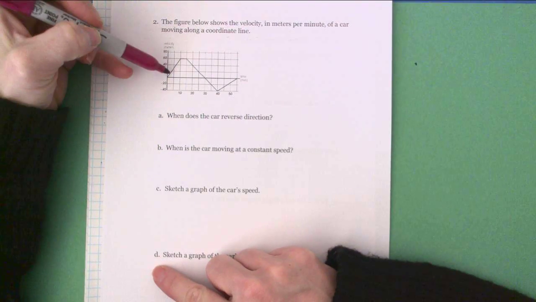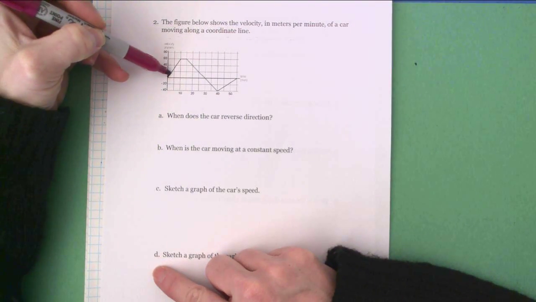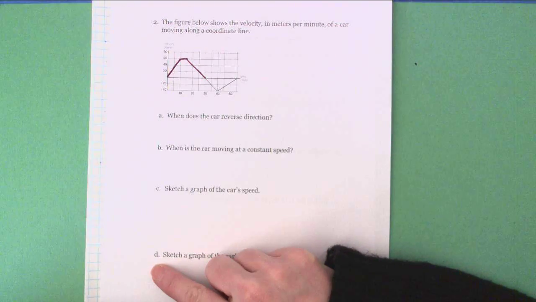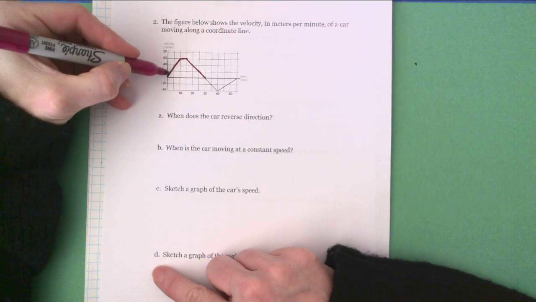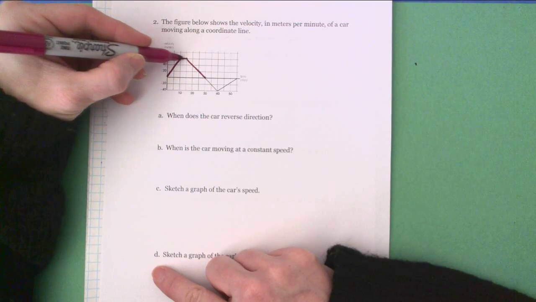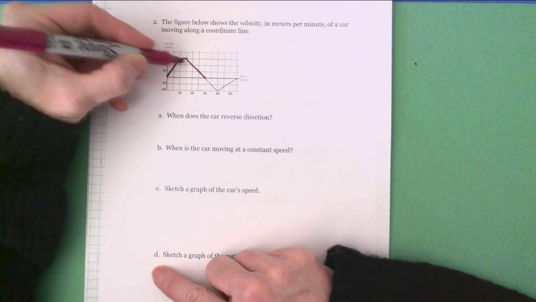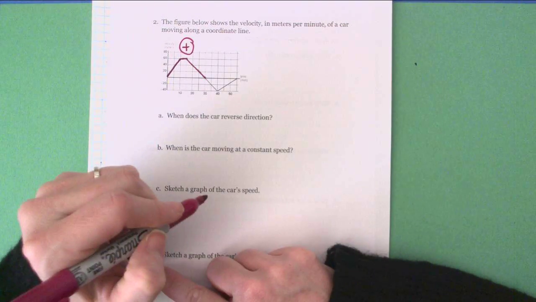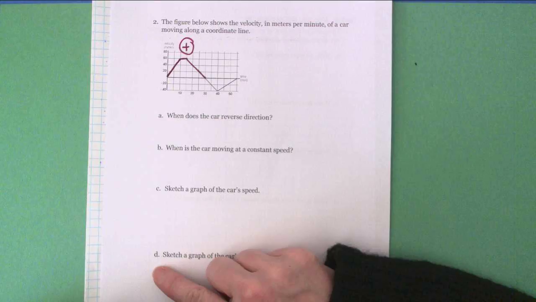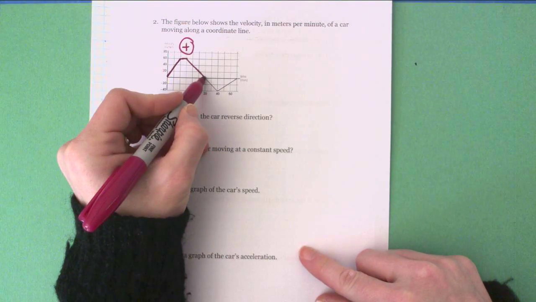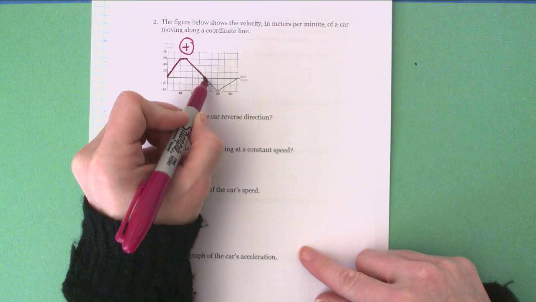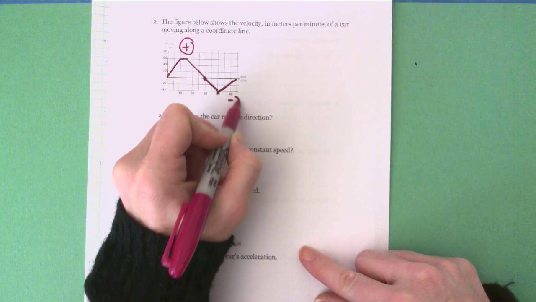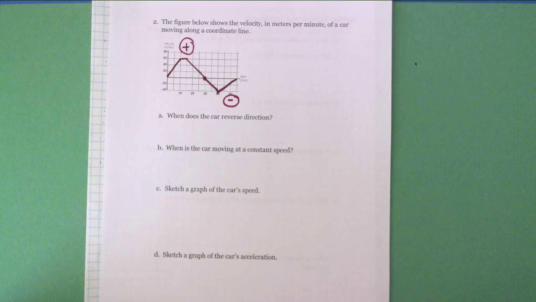If my velocities are positive, which all of these are, now granted they change, they increase, they stay the same, and then they decrease, but all of these velocities are positive velocities. That's going to indicate rightward movement. Then when I switch and come down to negative velocities, that's going to indicate leftward movement.